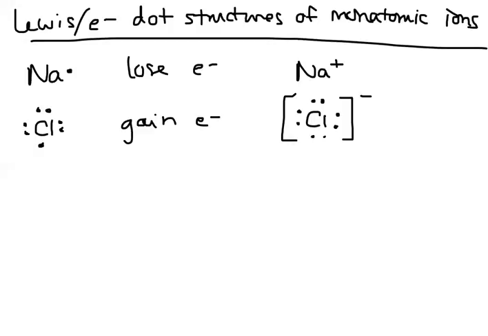Let's talk about what happens if you gain or lose more than 1 electron. For example, Mg has 2 valence electrons when it's neutral. When it forms its ion, what is it going to do?